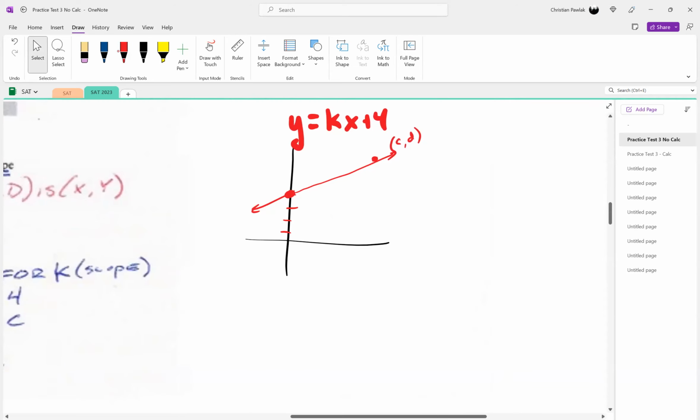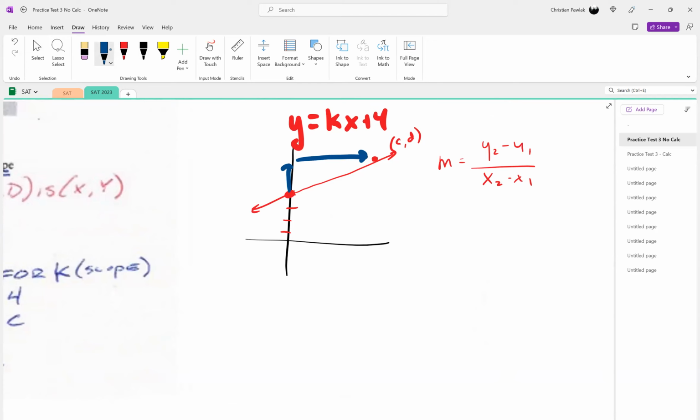Well, the slope is really just the k value, right? Well, I know there's a formula for slope. Again, this is one of those formulas you definitely need to know. Formula for slope is y2 minus y1 over x2 minus x1. If we're going to have to know some formulas, this is one of those formulas you definitely want to know. And what you can do from there is you can say, okay, how much do I have to go up and how much do I have to go over to get there?